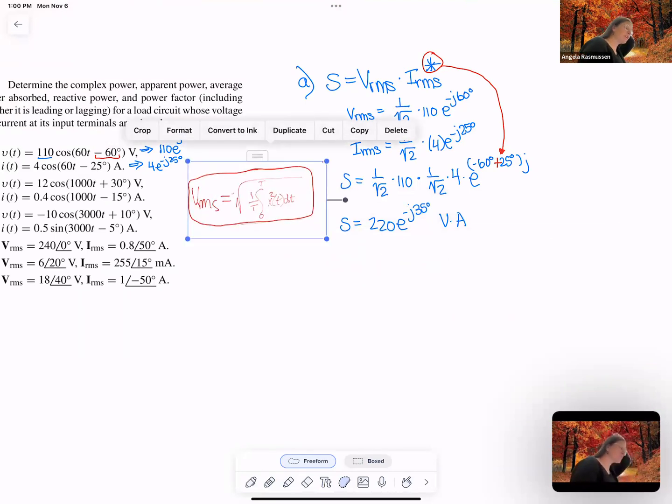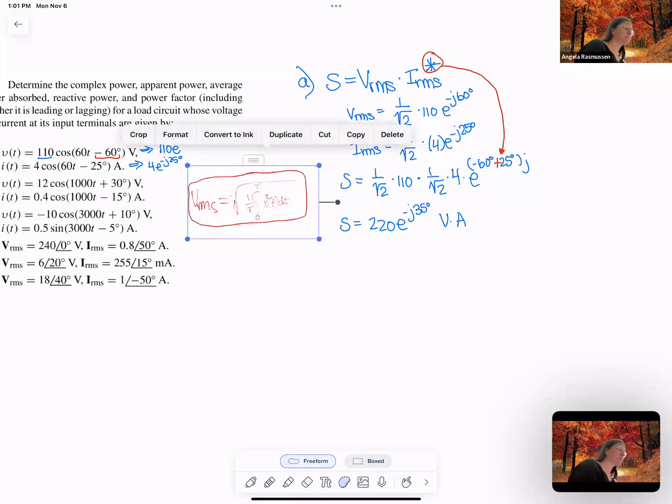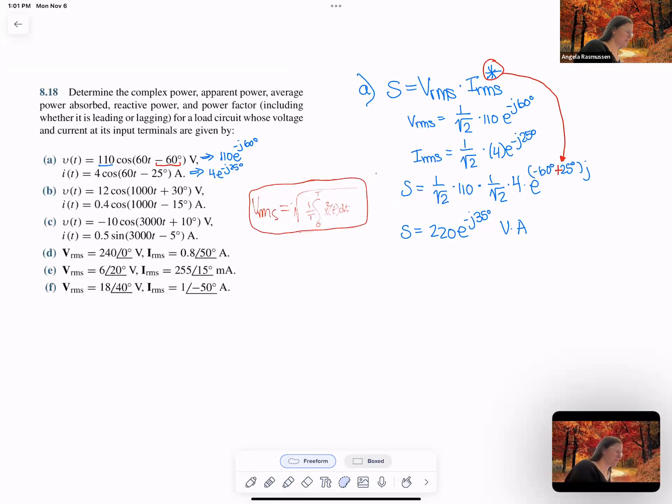So when you do cosine squared and you take the average of that, it ends up being 1 over the square root of 2, because the period is the same. So that all ends up just being 1 over the square root of 2 times the polar form. So yeah, just 1 over the square root of 2 was the result from that.